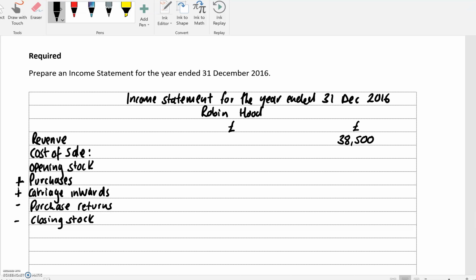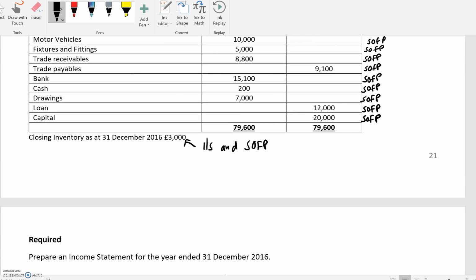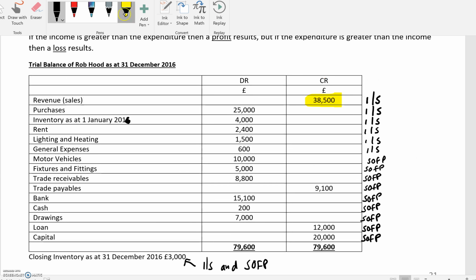So you can see in this question, not all these items are available. You'll only have some of these items available in some of these questions. I think we do have opening stock, if I'm not mistaken, which is here, of £4,000.